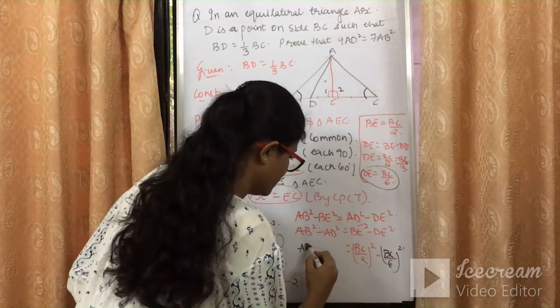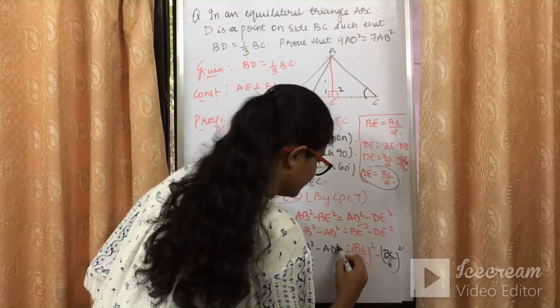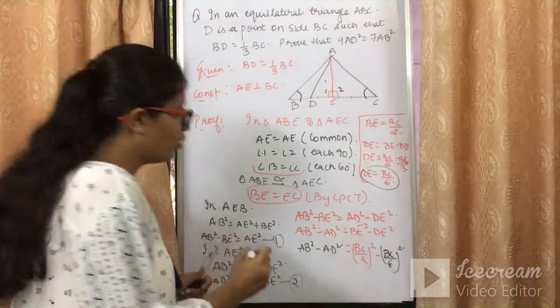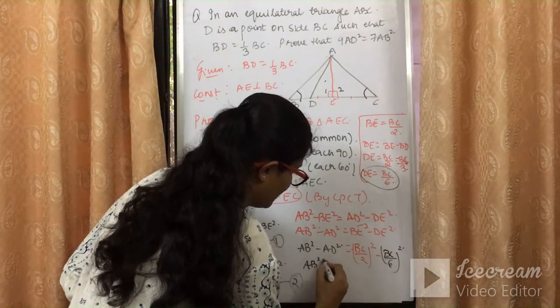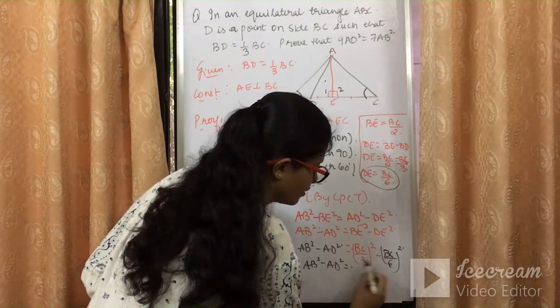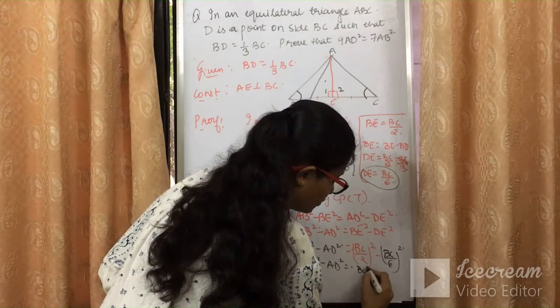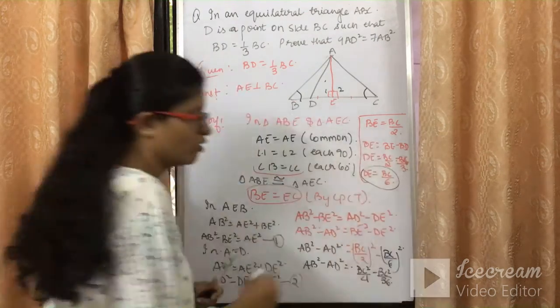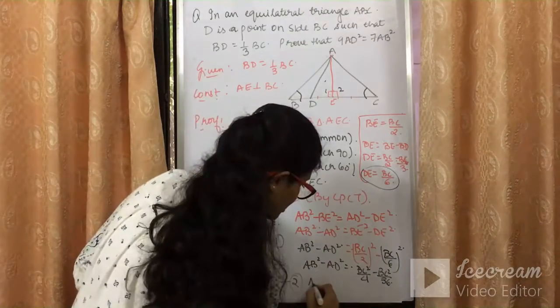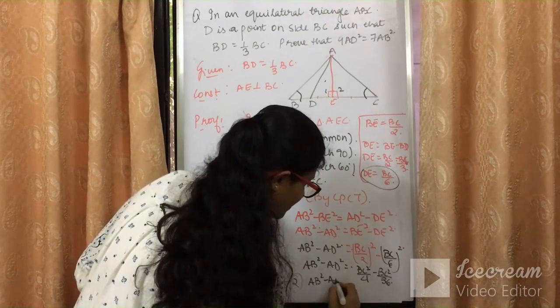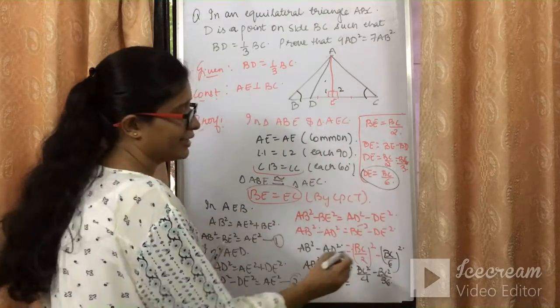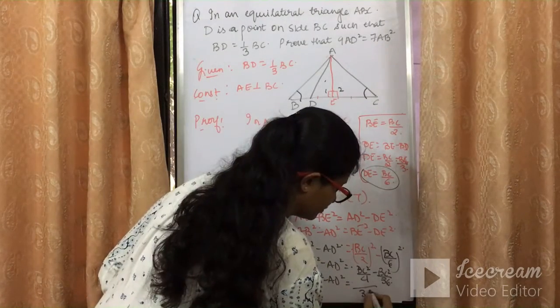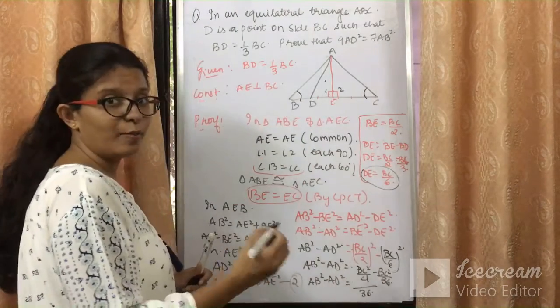So this is AB square minus AD square. ठीक है. Now what I can do is, AB square minus AD square equals BC square upon 4 minus BC square upon 36. We can have an LCM over here. So AB square minus AD square comes out to be, if I take LCM to be 36, 9BC square minus BC square.